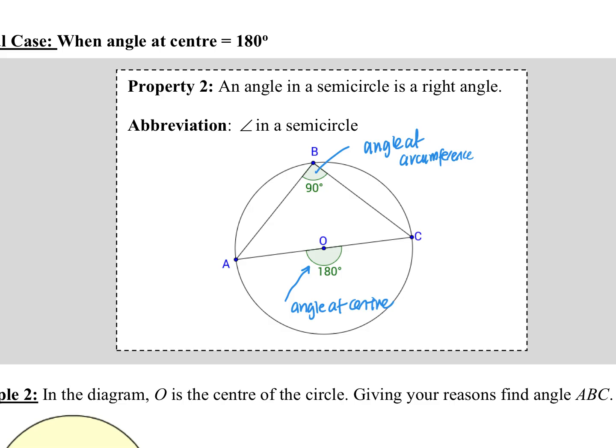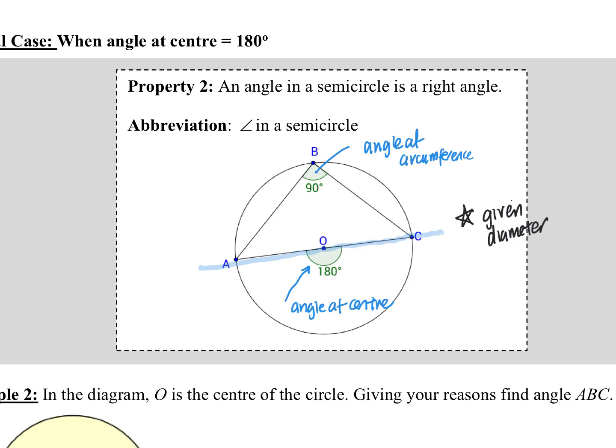They call it angle in a semicircle. Why? Because it cuts. This one must be the diameter. So for this case, you must be given diameter. If you don't have diameter, you cannot use this angle property.